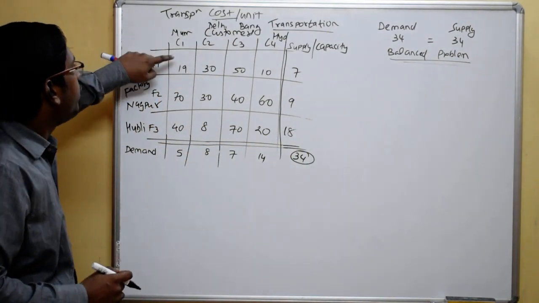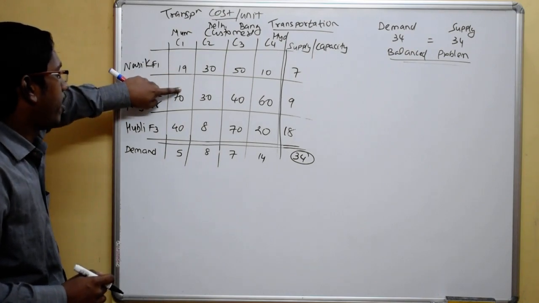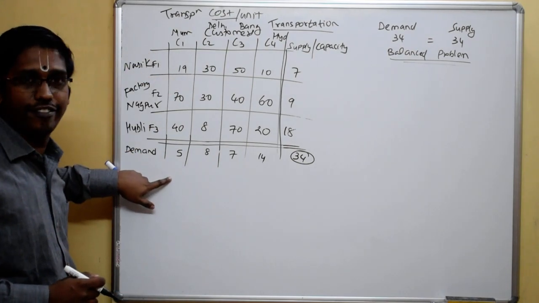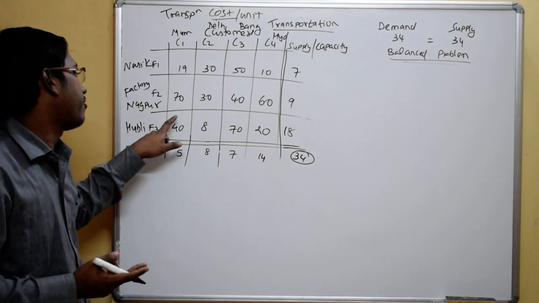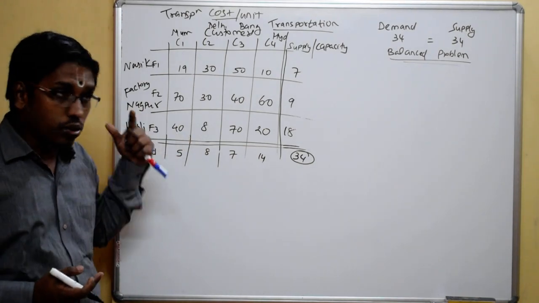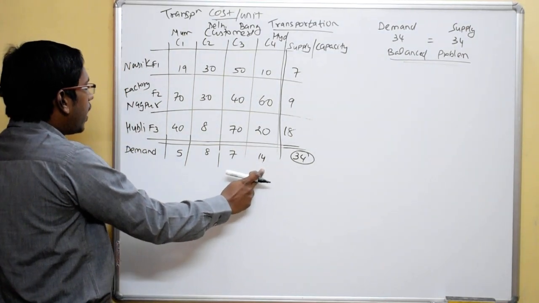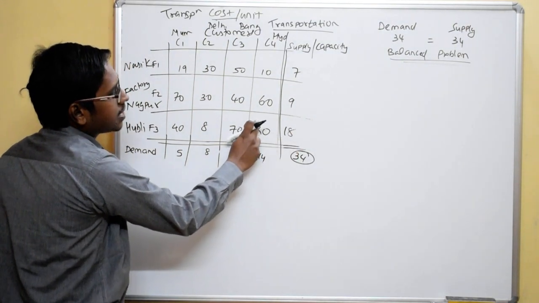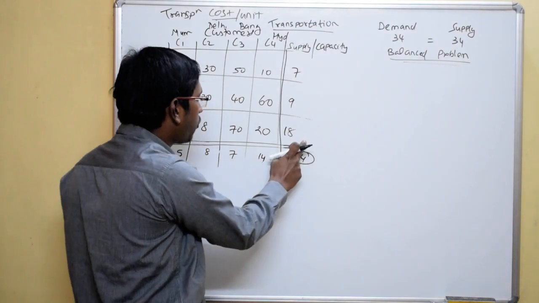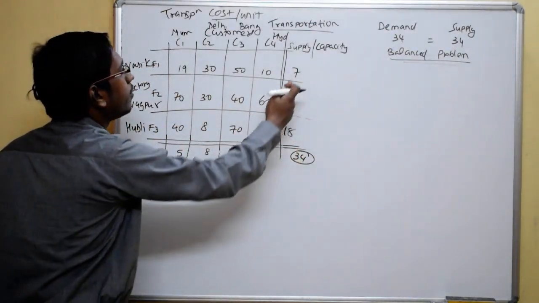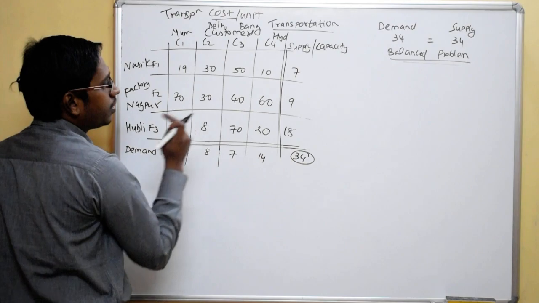The company may give 3 units from factory 1, 2 from factory 2, so 3 plus 2 makes 5. It may give the entire 5 from factory 3. So, if customer 4 wants 14 units, it may give the entire 14 from factory 3. Factory 3 has got a capacity of 18, out of which it will give 14 here. Or it may give 7 from F1, 7 from F3.